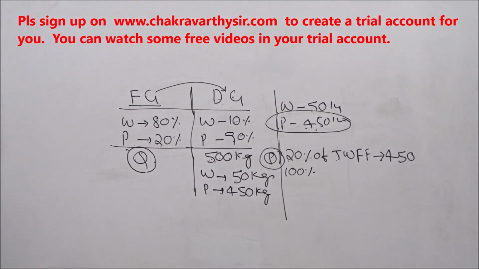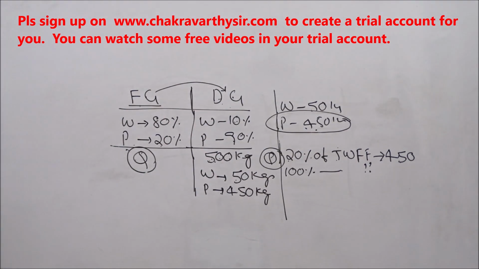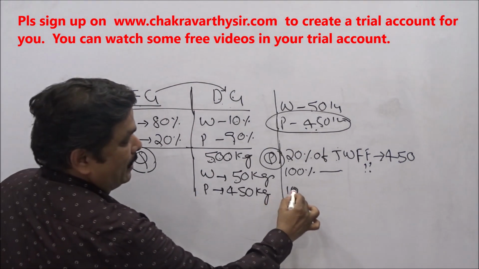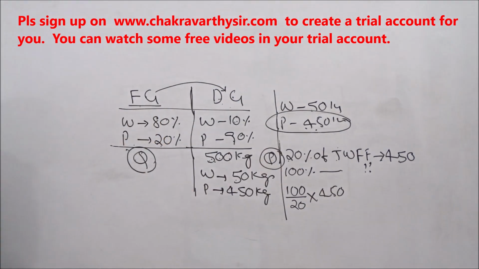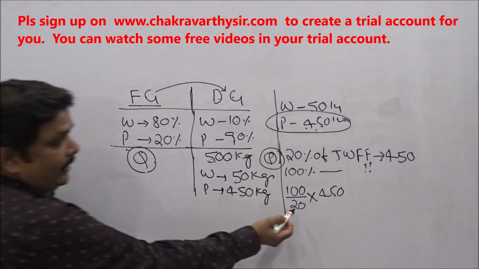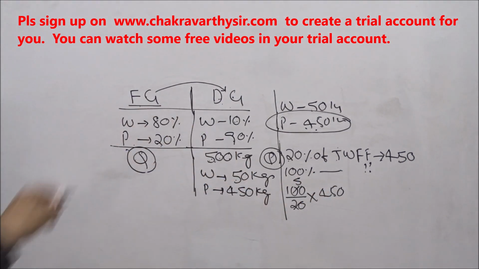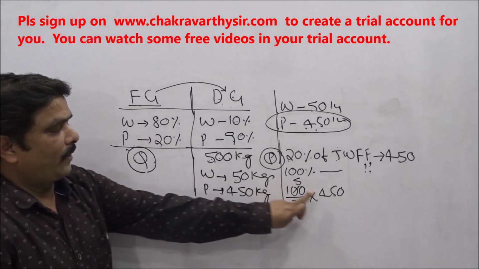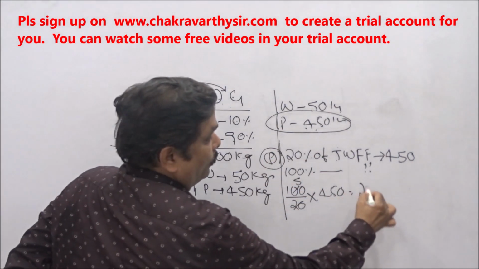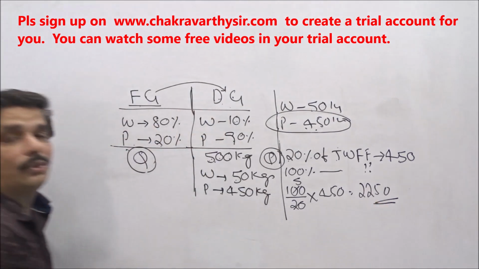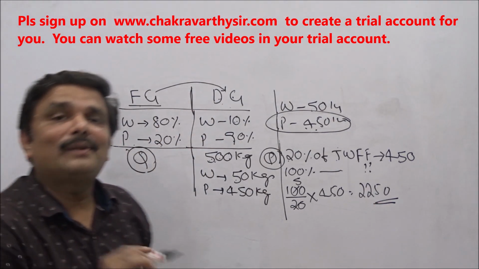So 100% is how much? Simply, it should be 100 by 20 into 450. So you will get 25 times this: 45 into 5 is 225, then finally add a 10. So 2250 kgs is the right answer.